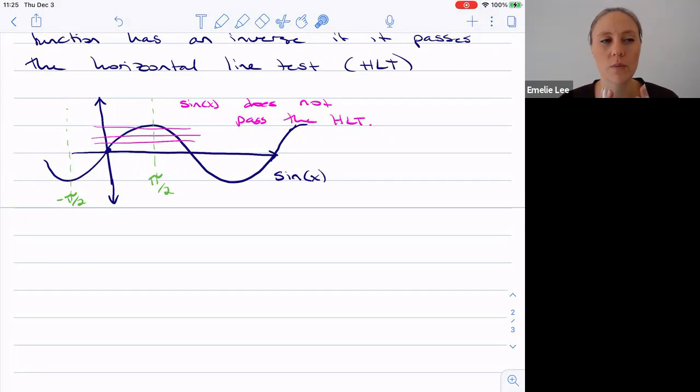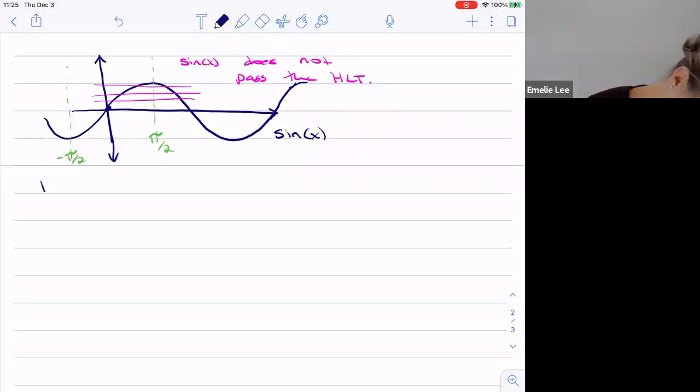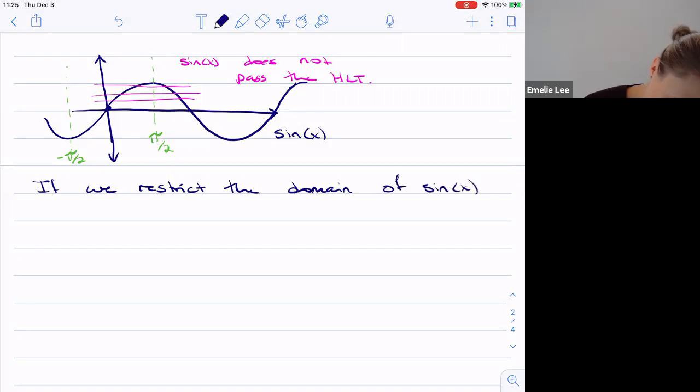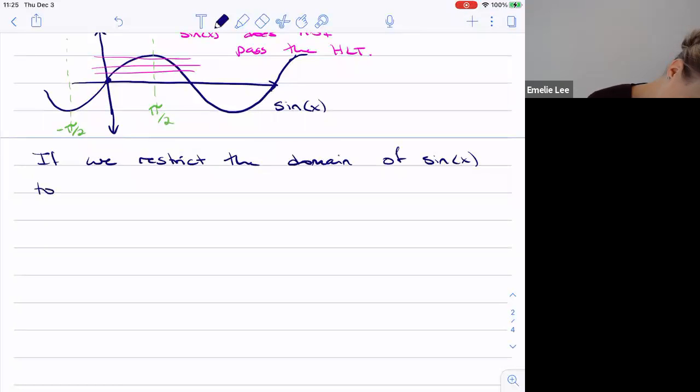So if I restrict the domain, then I'm able to find the inverse of sine x. If we restrict the domain of sine of x to -π/2, oops, that should be a 2.